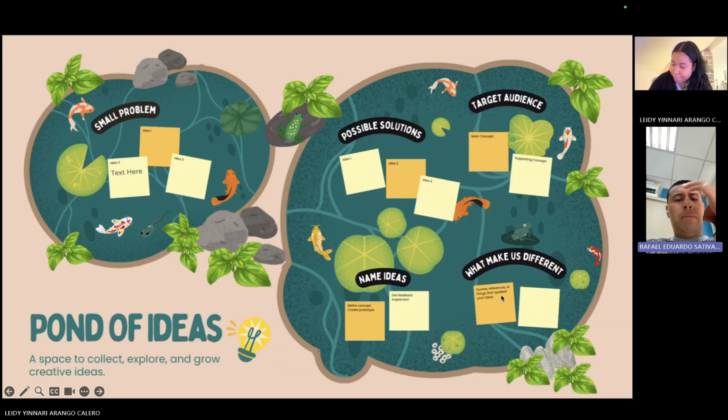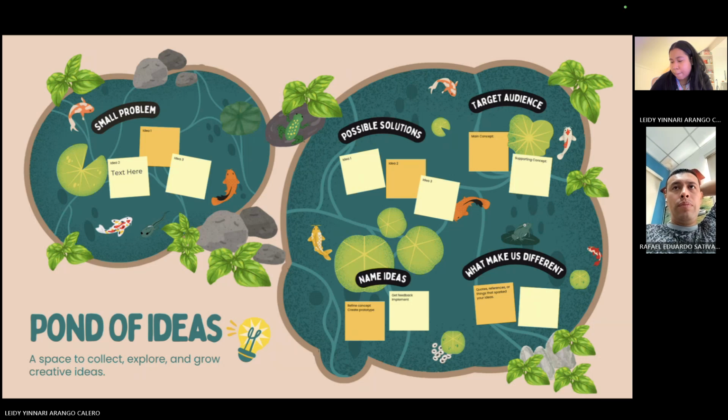Okay, there's more problem. There are no vehicles for all people in the world or in the city for mobility.